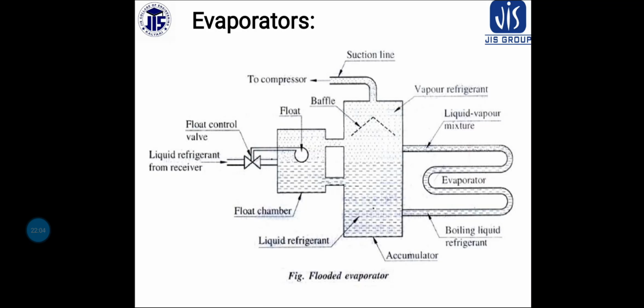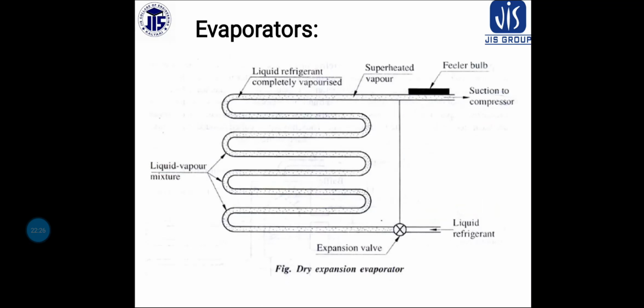The flooded evaporators are used in large installations, especially in chemical and food processing industries. Okay, so this is the function of the flooded evaporator. Now let us discuss the dry expansion evaporator.